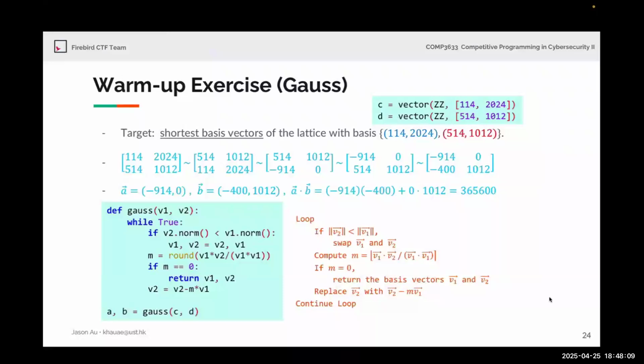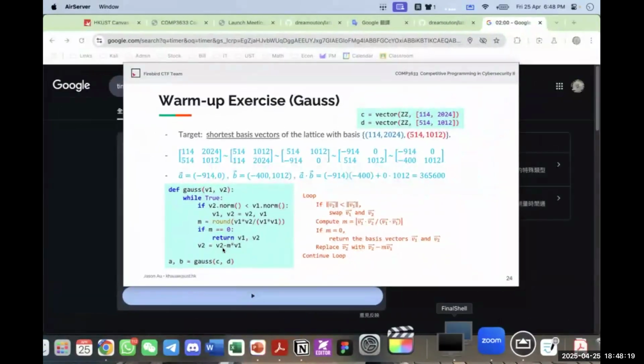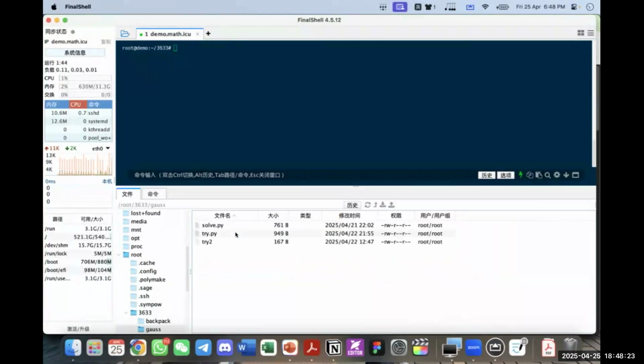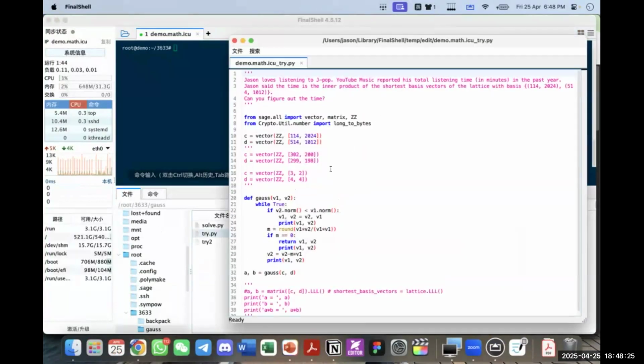So this is a very simple Python function that helps us do the same logic in Python. So maybe you can demonstrate a little bit like this one. Okay.